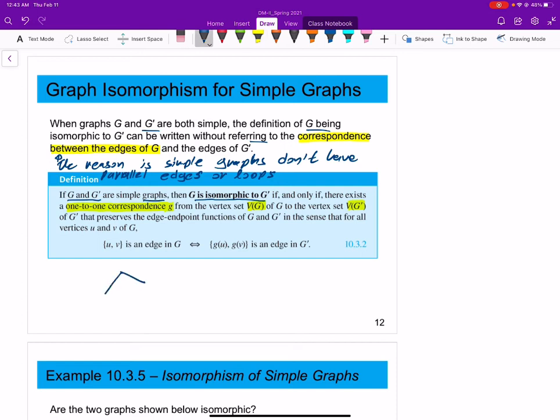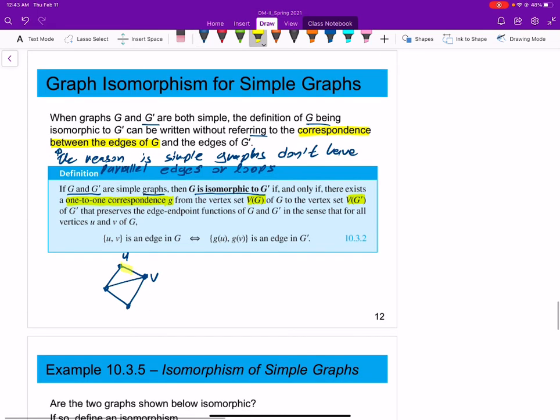Let's say you have this graph. Let's say this is U, that is V. So if this is an edge which is given by (U, V), this is (U, V).